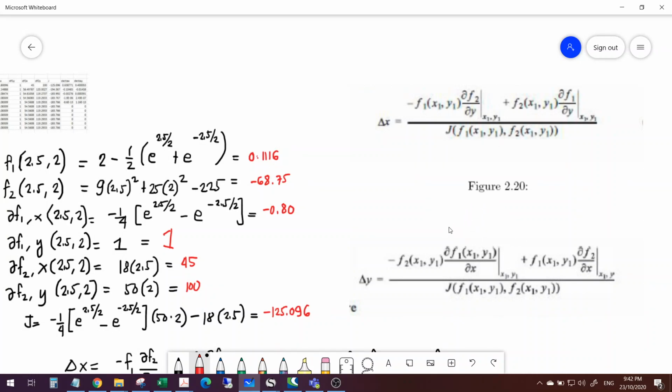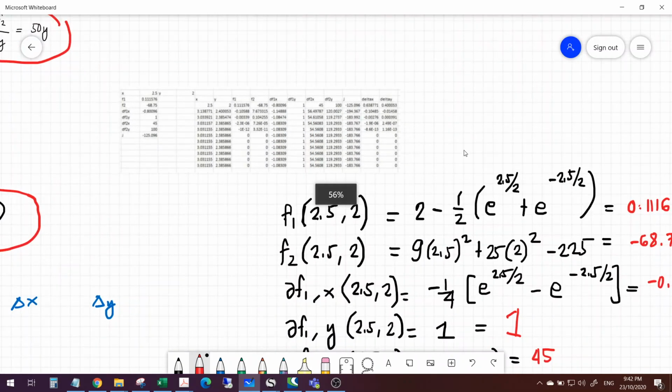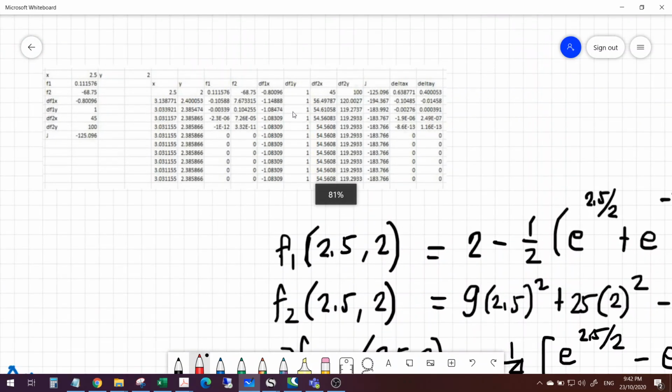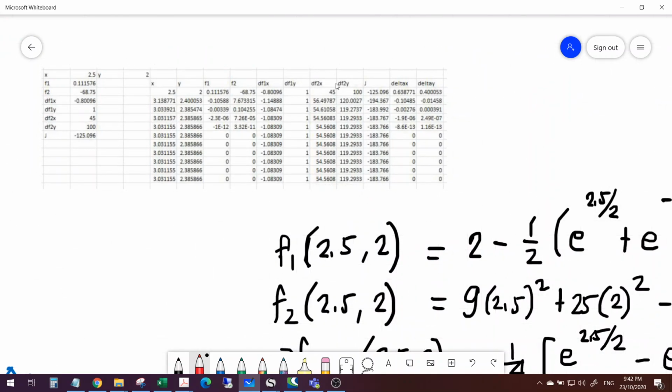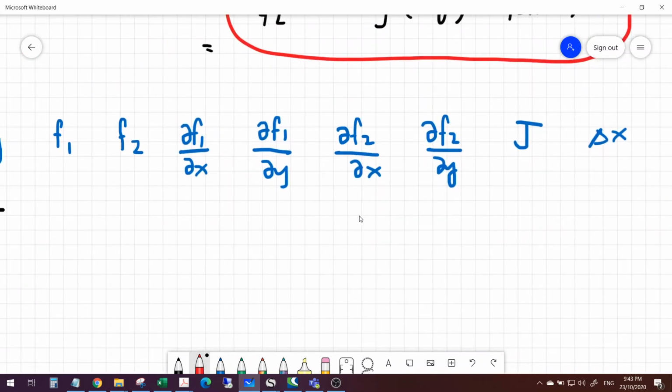Okay, now for the implementation in Excel, I show you this in our ebook. You should lay down the x, y, the f1, the f2, and then the df's, and then the Jacobian, then the delta x and delta y, which is something like this.